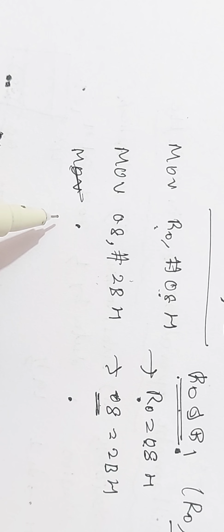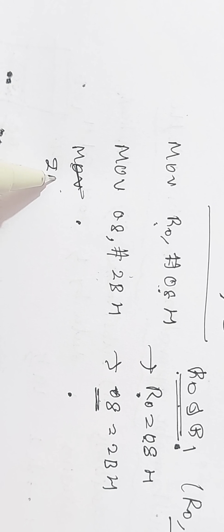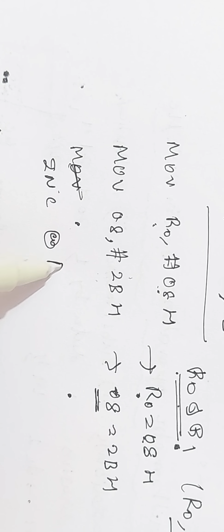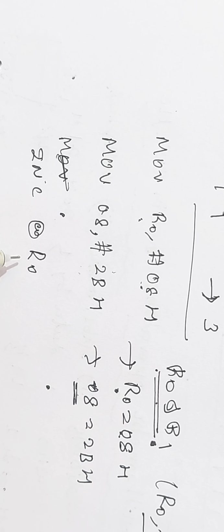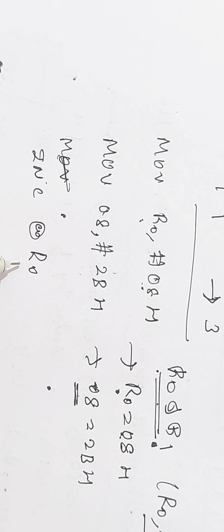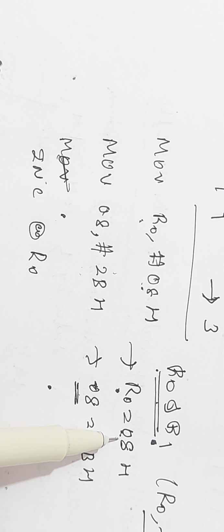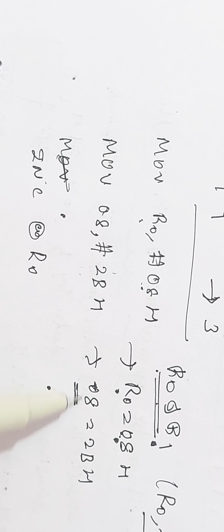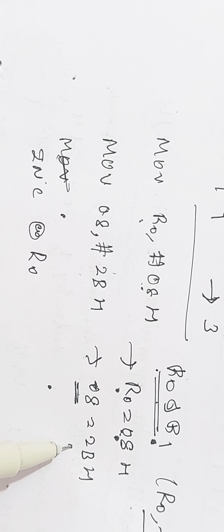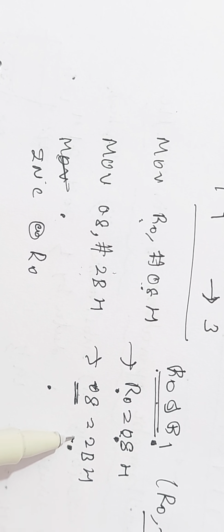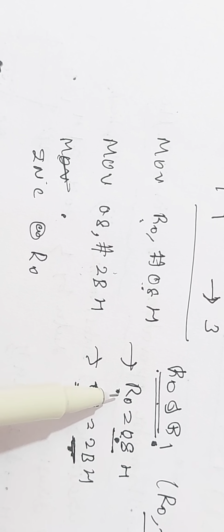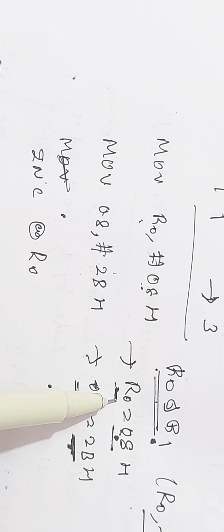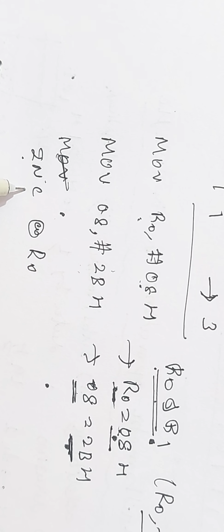Now I will write another instruction, say increment @R0. What is this? R0. What is the address of R0? 08. What is the number contained in that 08? 2B. So, the data 2B contained in the address 08, which is specified by the register R0, is incremented by 1.